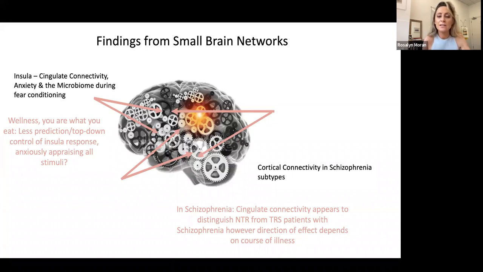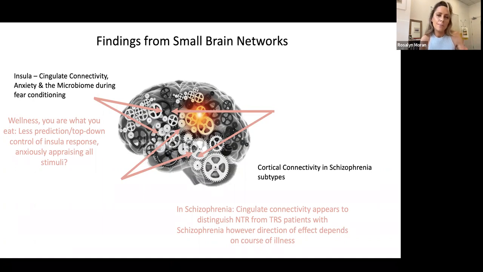Whereas in the case of Crohn's disease, again, from a whole brain analysis using EEG, we were able to identify again that same small two-node network that was the key distinguishing feature between the three groups, from chronic inflammation to those with an IBD that wasn't so chronic and a healthy control. But then looking at schizophrenia subtypes, again, using DCM as a small network where we can try and unpick some of the features of learning here in the context of reward learning, what we seemed to see was that the cingulate cortex did slightly different things and seemed to be a key node.